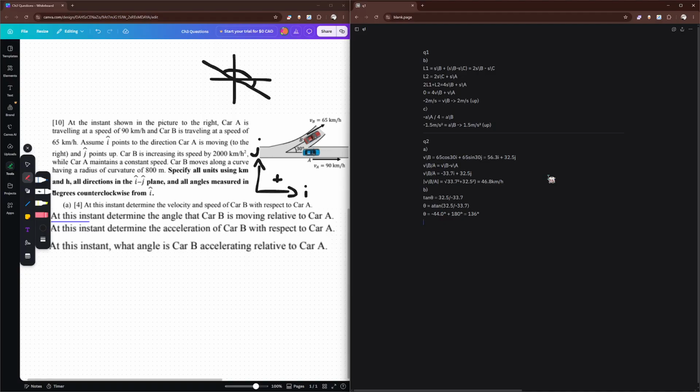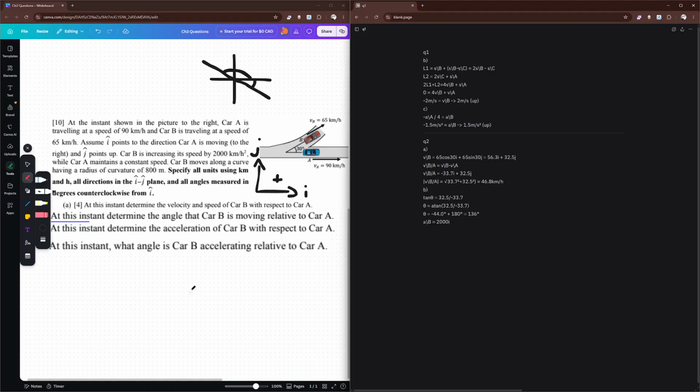A of B, we need to split up into its components, which is, we need the derivative of VB, which we know that car B is increasing its speed by 2,000 kilometers per hour squared in its tangential direction. So that is our AT. So 2,000 I, right?